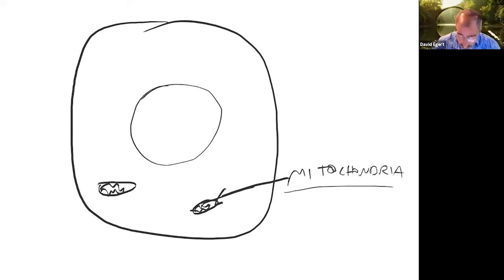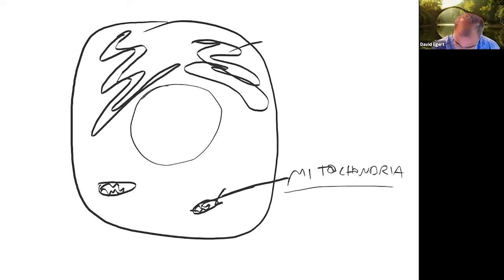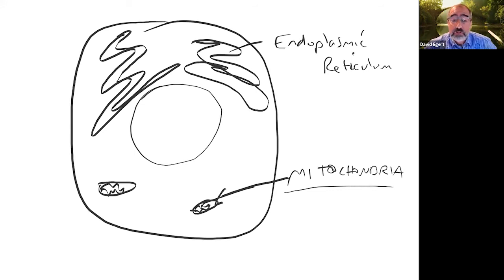Yeah, so there's the endoplasmic reticulum, which are basically passageways of membrane inside the cell. Endoplasmic reticulum can play different roles.